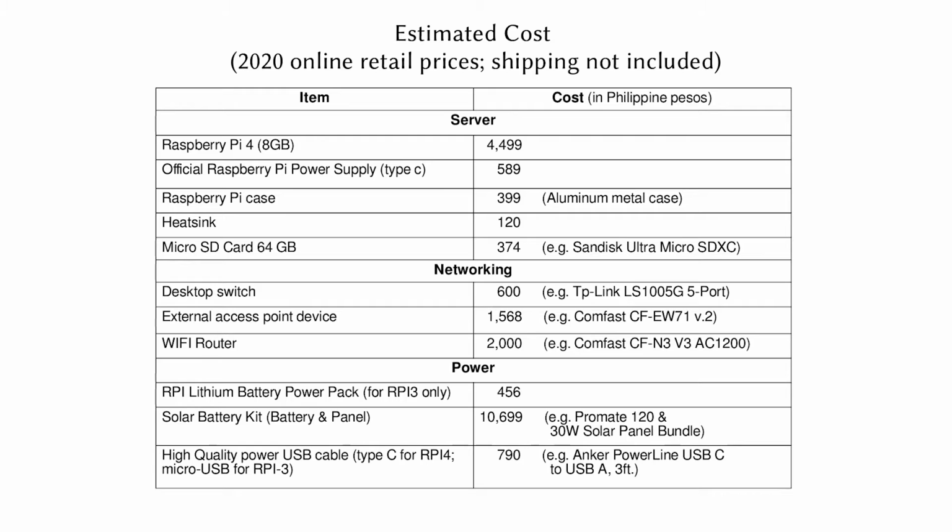This one cost me around 10,699 pesos. You will also need a high quality power USB cable, Type C for RPi 4 and micro USB for RPi 3. What I found that works is Anchor, and this costs around 790 pesos. Of course, the price would have changed by now.